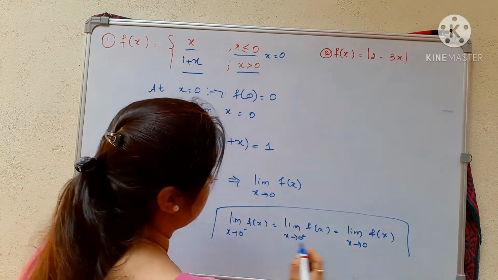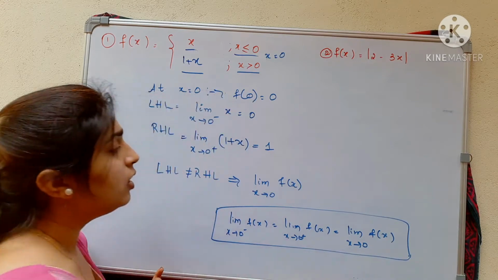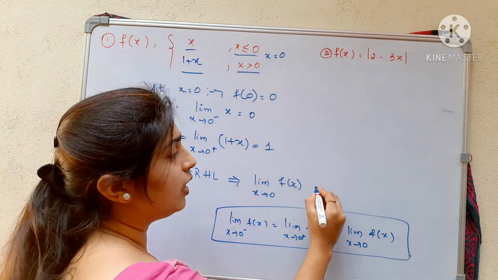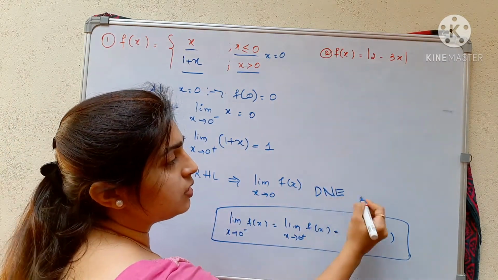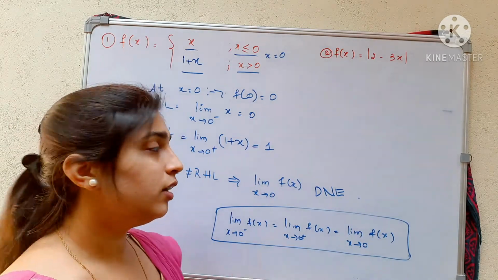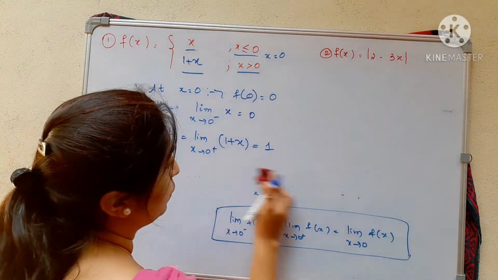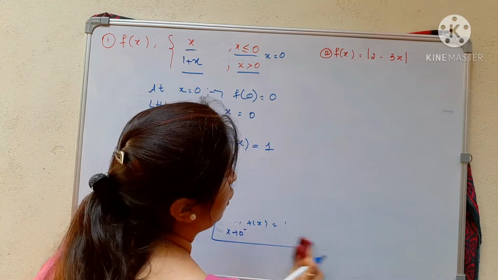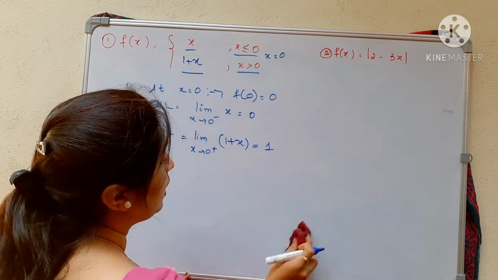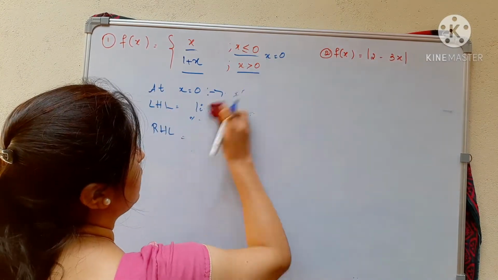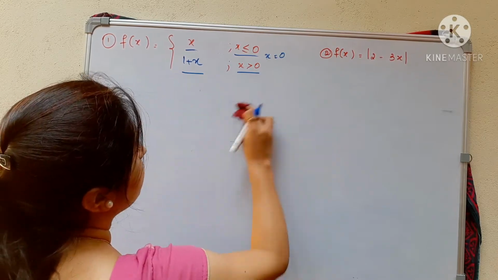This is the point to remember. Here the limit does not exist, so the function is not continuous at x equal to 0. We will not check for differentiability because the first condition itself fails here.